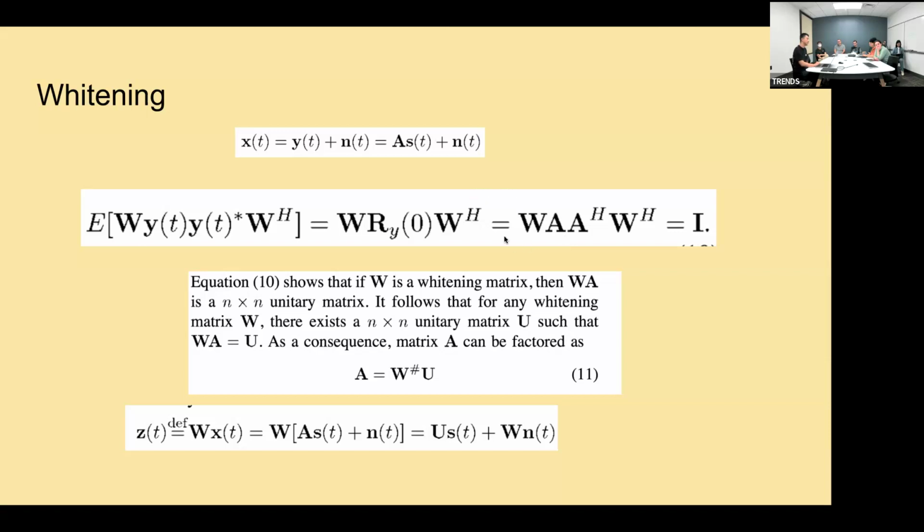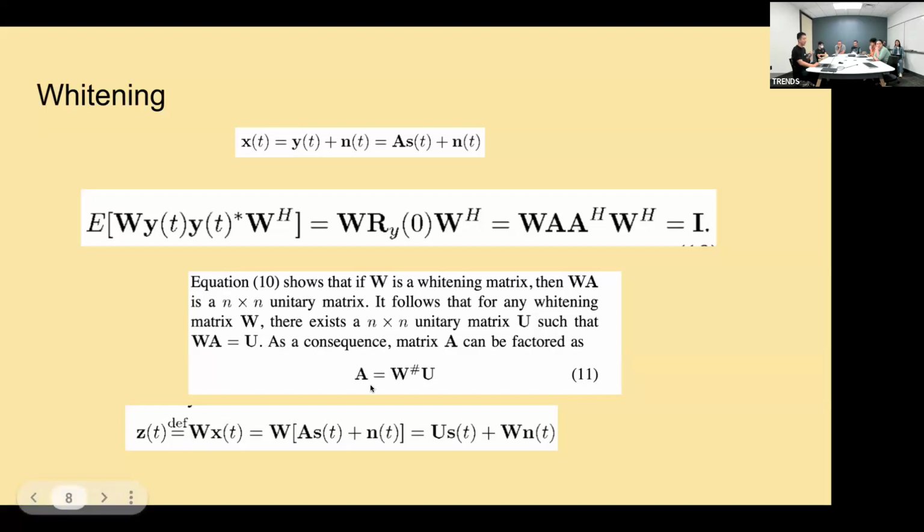By inference, because the whitened covariance will be identity, WA times A transpose W transpose will be identity, which means WA is a unitary matrix, or orthogonal matrix. Unitary matrix is still a kind of complex definition. So in this condition, we see that WA equals U, which is an orthogonal matrix, and A is the matrix that we're trying to get.